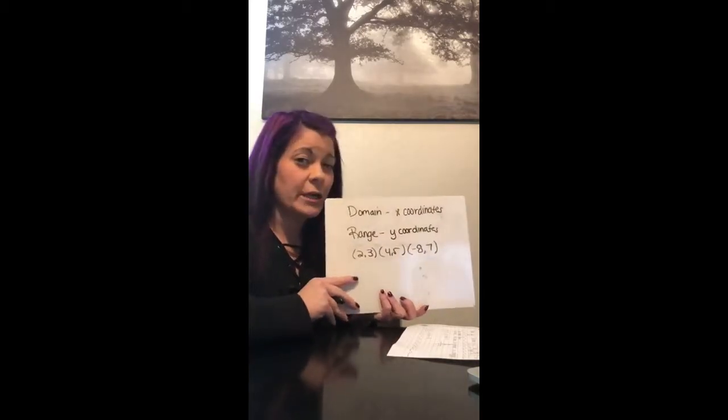So a function is where every input only has one output. Okay, so for every input, it only produces one output. That means basically the x values, the x-coordinates, cannot repeat.